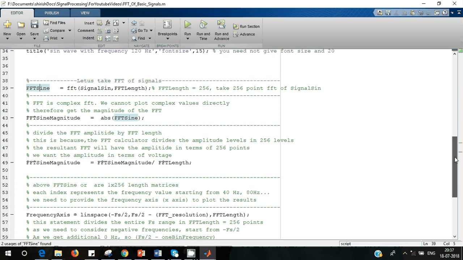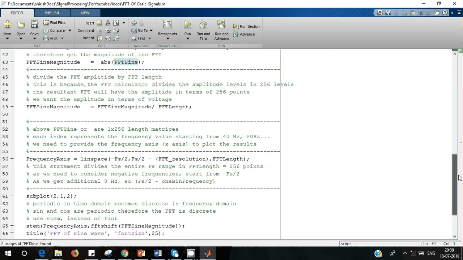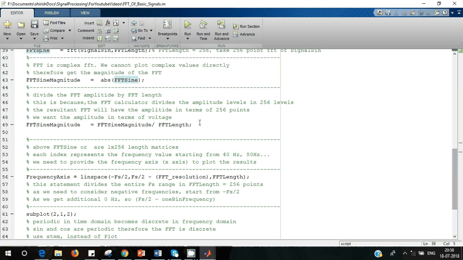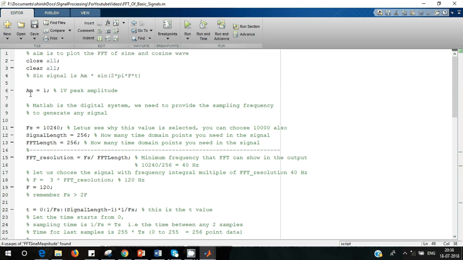Now if you refer to Parseval's theorem somewhere on the internet, the energy in the time domain should be the same as the energy in the frequency domain. So if you take the FFT of a sine wave having a peak amplitude of 1 volt, it should have two peaks at minus fm and plus fm, of amplitude 0.5 each.